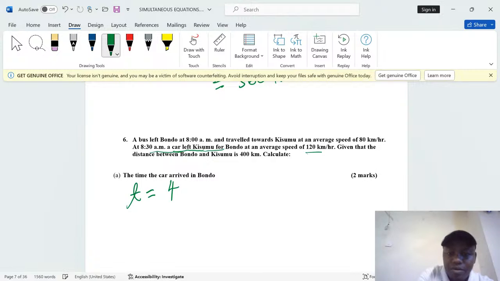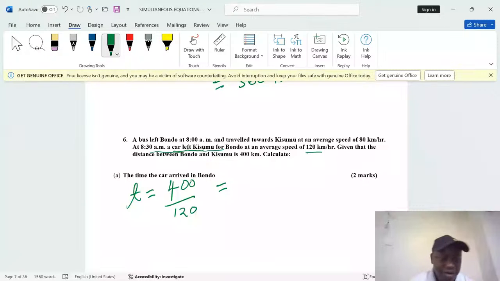Therefore, for us to get time taken, we need the distance 400 divided by the speed of this vehicle, which is a speed of 120. So 400 divided by 120, this gives us 3.33 hours.